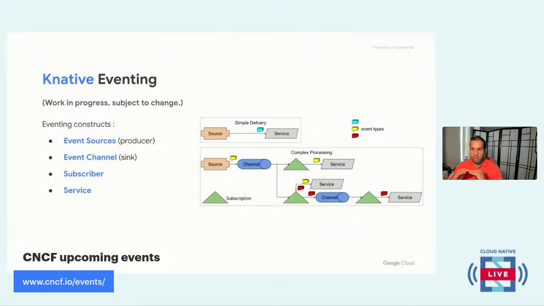Knative Eventing acts as an abstraction layer between your application and those event sources. It allows you to declaratively bind an event source to a specific application or service. So rather than having to hard code all of that, I can just declare it.